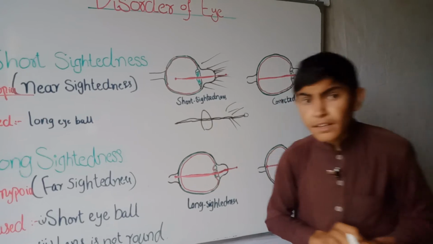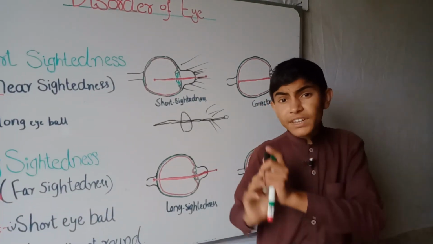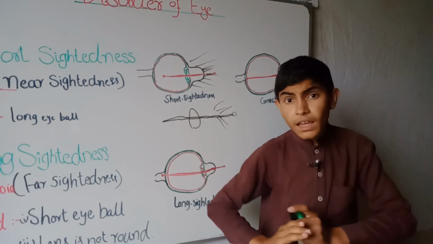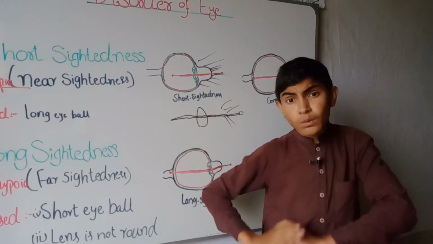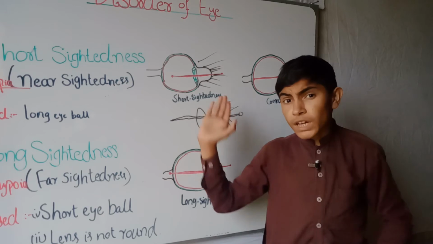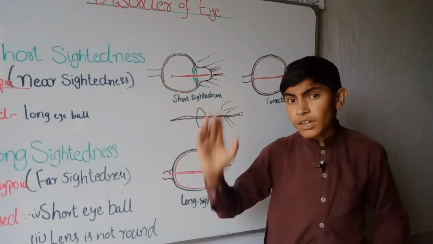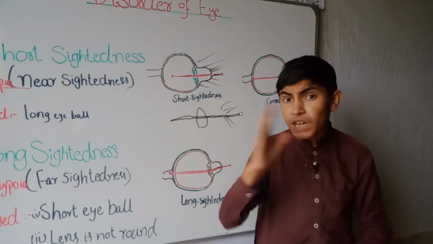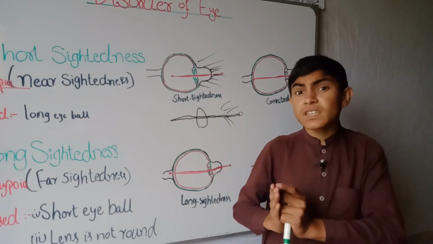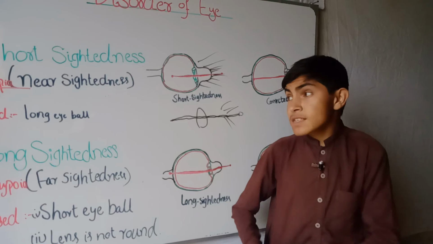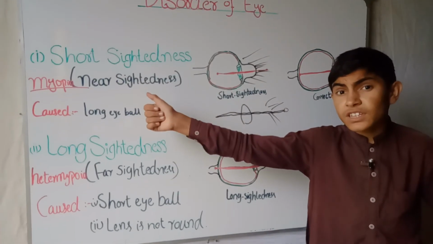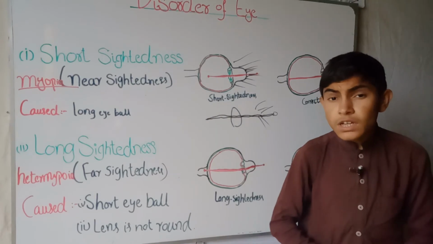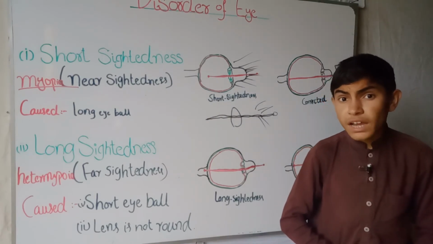Therefore, the light ray is converged a little by the long eyeball and then completely converged after passing through the convex lens, in front of the retina, and it is not able to be focused on the retina. So this disease is named myopia in scientific language. In English we say short-sightedness or nearsightedness.